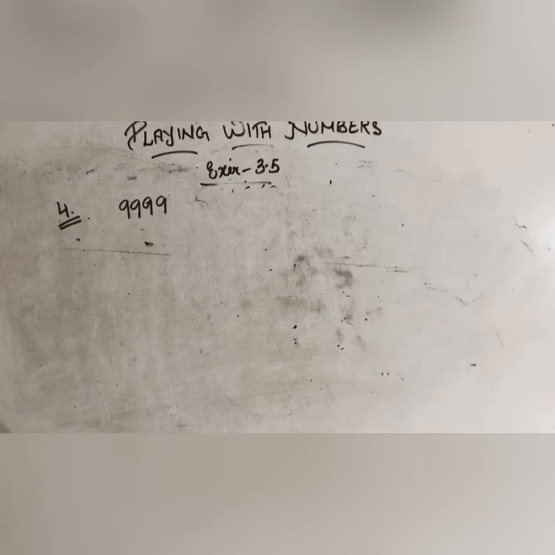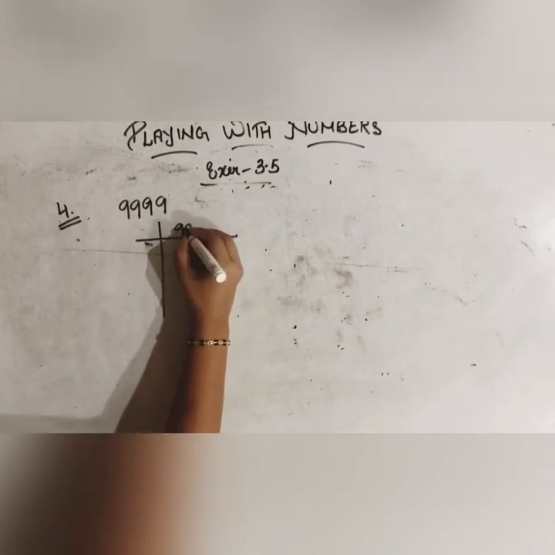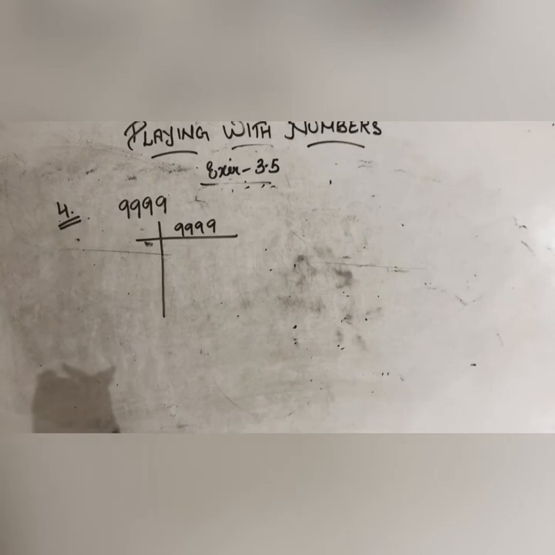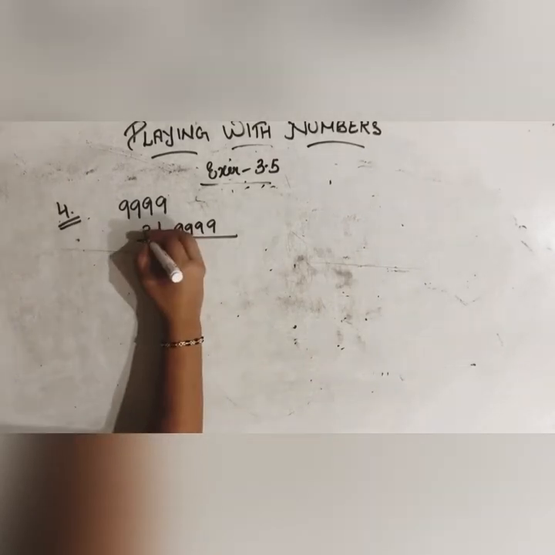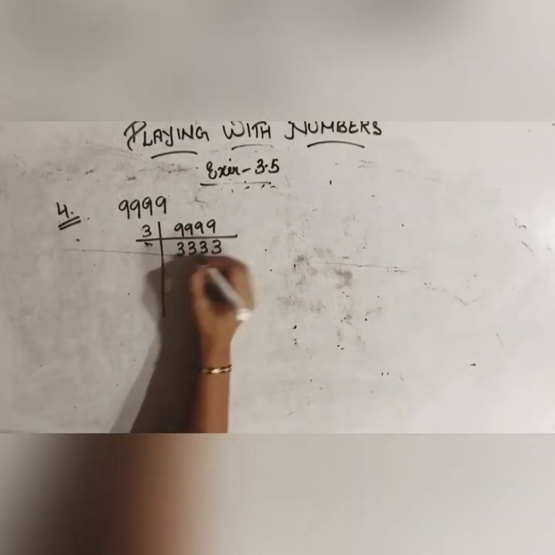Now, what do you have to find? The prime factorization of this number. So, this number is not divisible by 2, but this number is divisible by 3. 9999 divided by 3 is 3333.